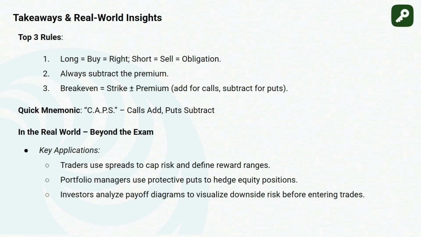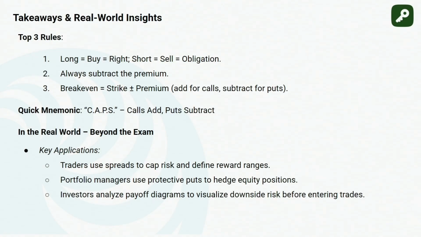So to wrap up this deep dive on options, let's just do a quick review of some of the key concepts. For long option holders, long calls, bullish on the underlying, the right to buy at a certain price. Long puts, bearish on the underlying, right to sell at the exercise price.